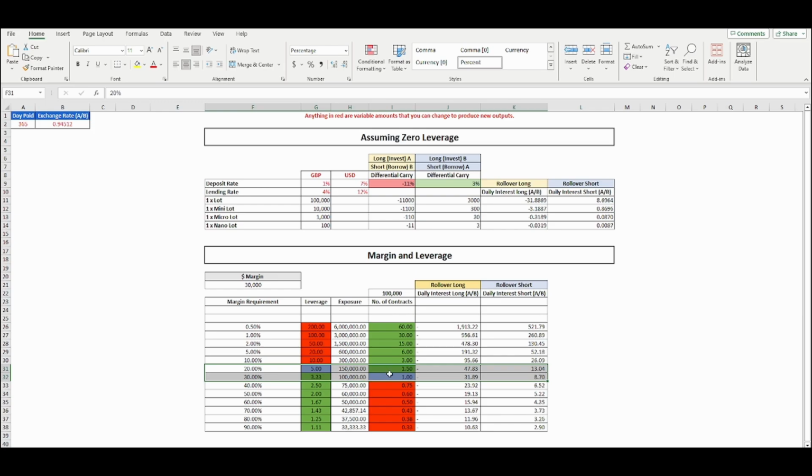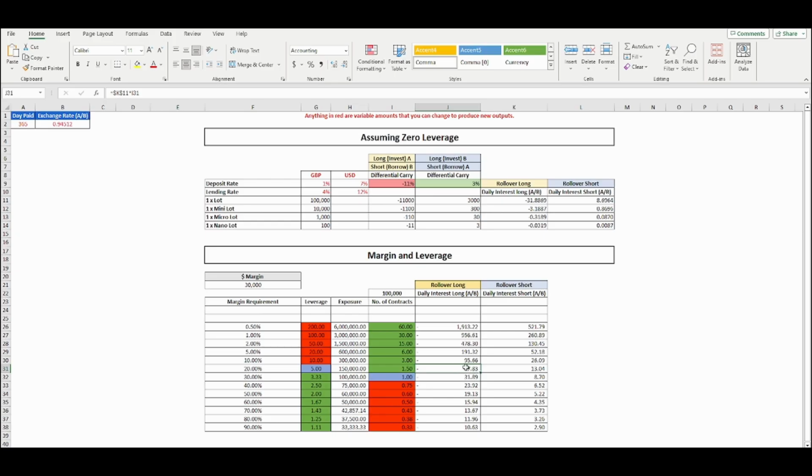Those two columns are essentially the safest zones that you could be trading with at this specific deposit and lending rate, with this margin requirement, account size, leverage, etc. So just say with a $30,000 account size, 20% margin requirement with 5-to-1 leverage, your exposure would be only 150,000 units in currency. Your standard lots would be 1.5.